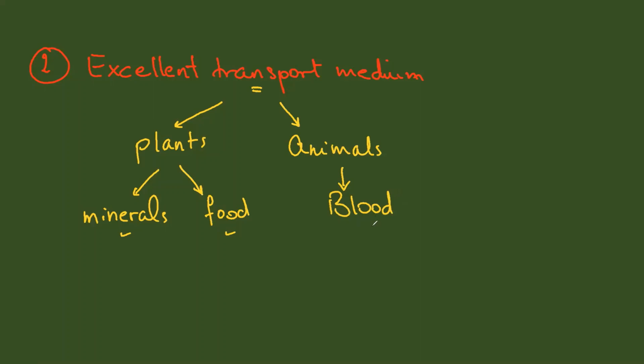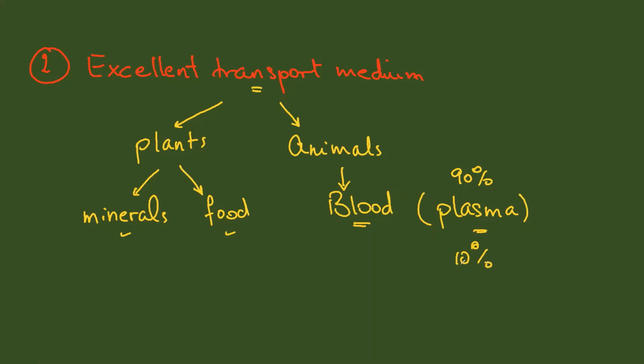So the blood here in animals carries everything, and again, it carries everything through its plasma. Why? Because this plasma is formed mainly of water. 90% of the material of plasma is made of water, while the other 10% are the materials that are carried by the blood.